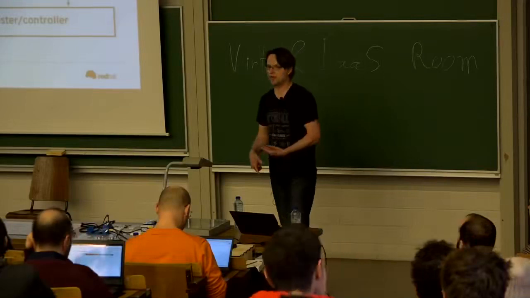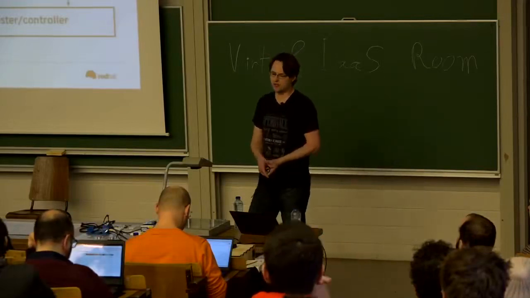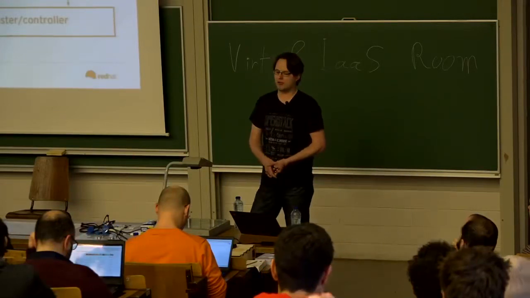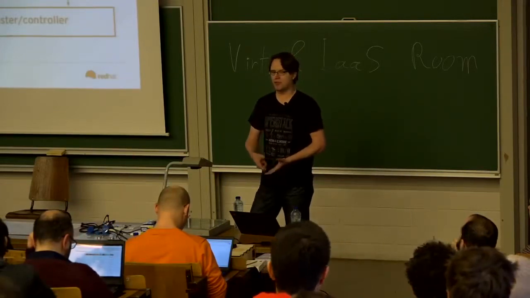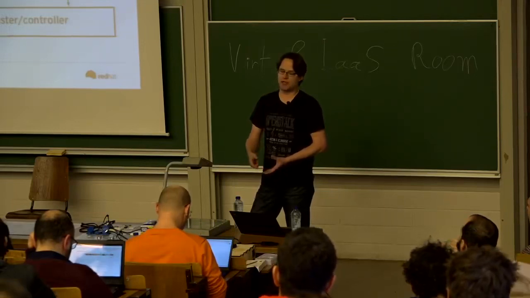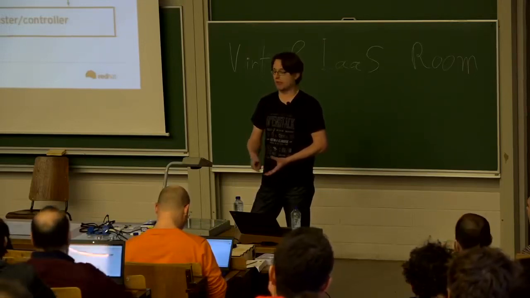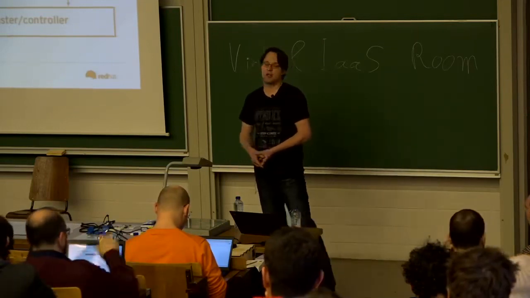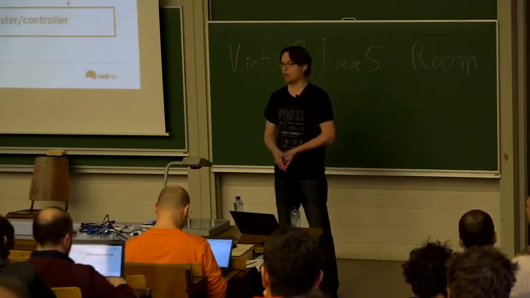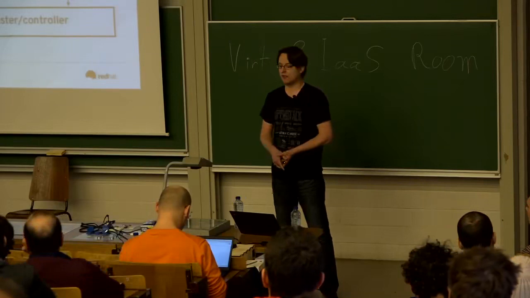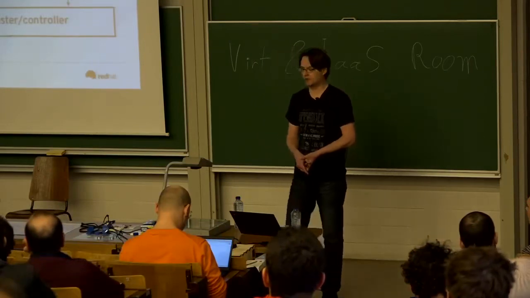In the background, there's a second service called the Manila Share Service, which talks directly to your storage cluster. The storage cluster then exposes, for example, an IP address where you can mount this shared file system. At the end, the tenant administrator gets back an address that you can use in your guest VM to mount this created share.